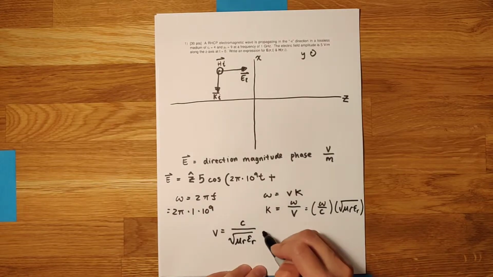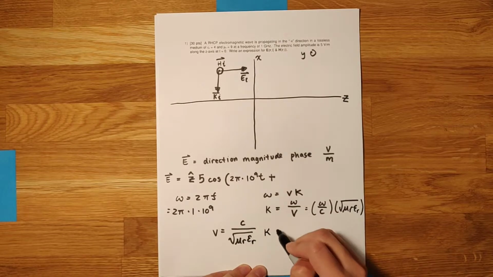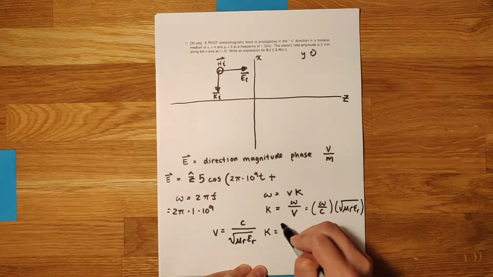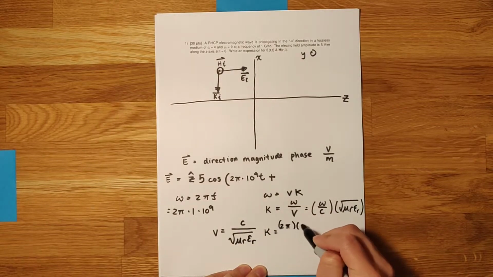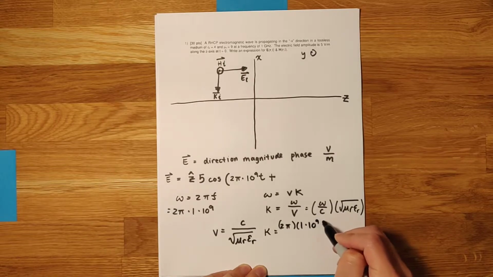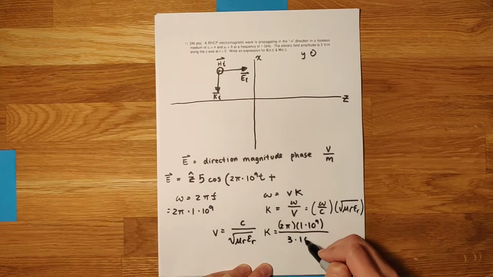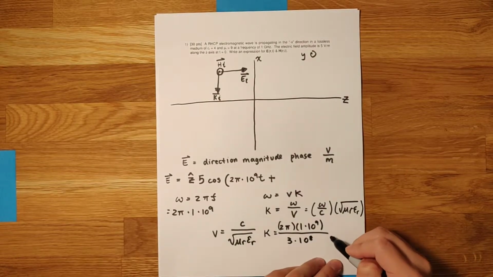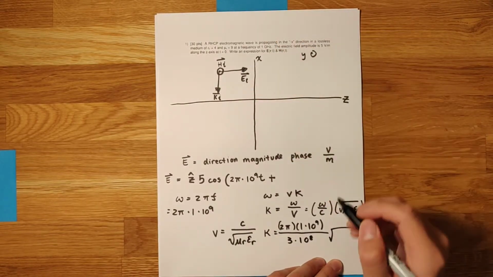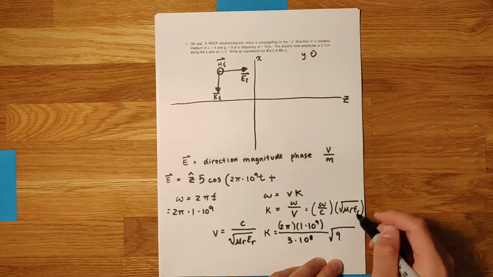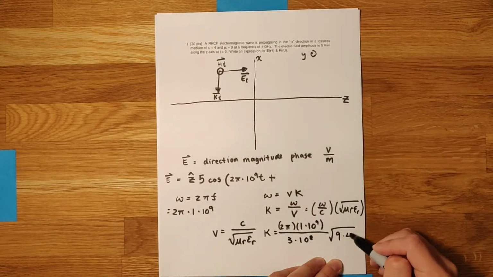So plugging in our numbers, we get k will be equal to 2 pi times 1 times 10 to the 9 over 3 times 10 to the 8 times the square root of mu r, which is 9, times epsilon r, which is 4.